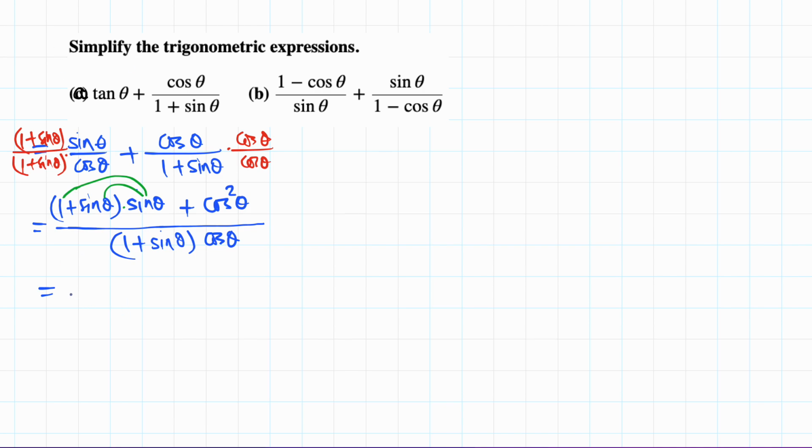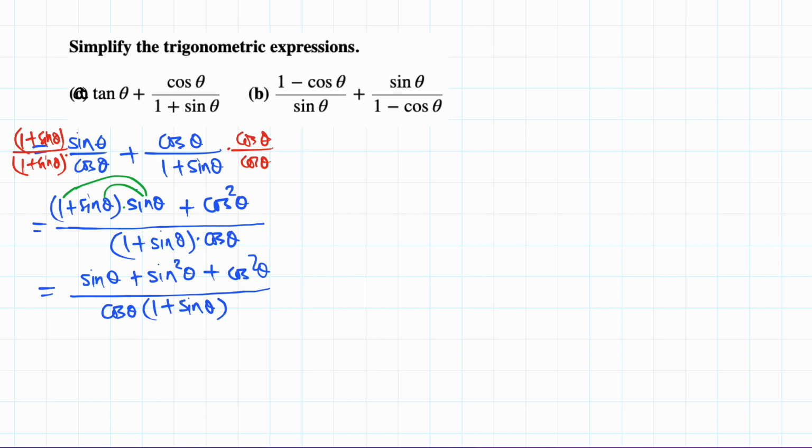It doesn't matter where I write cosine theta times quantity 1 plus sine theta on the bottom. Here, sine theta times 1 is sine theta, plus sine theta times sine theta, which is sine square theta. This is the same as sine theta quantity squared, plus cosine square theta.